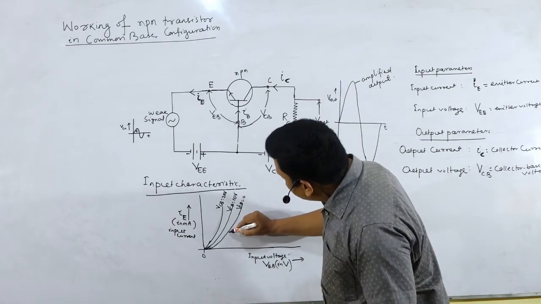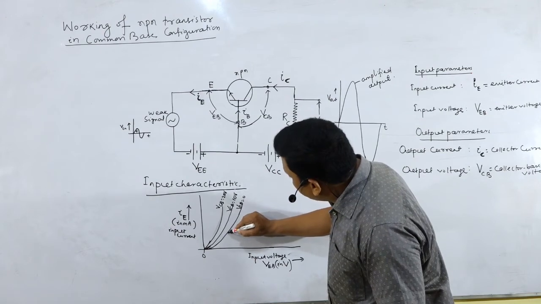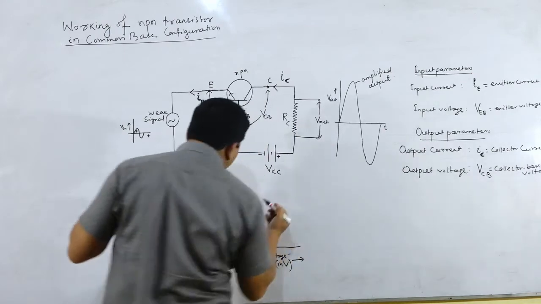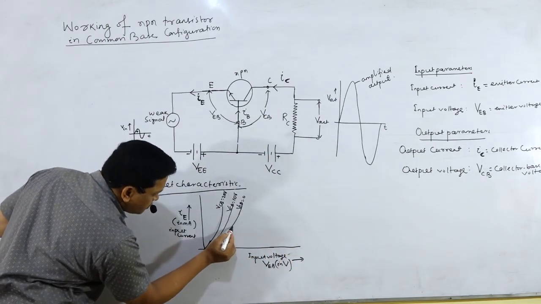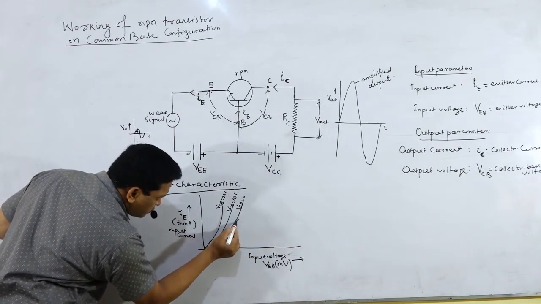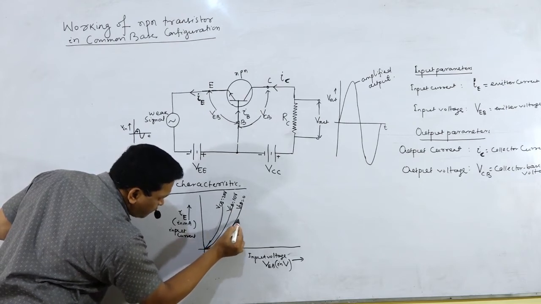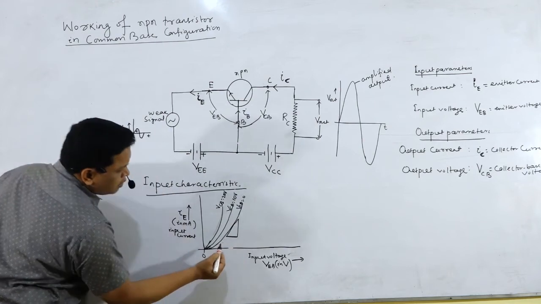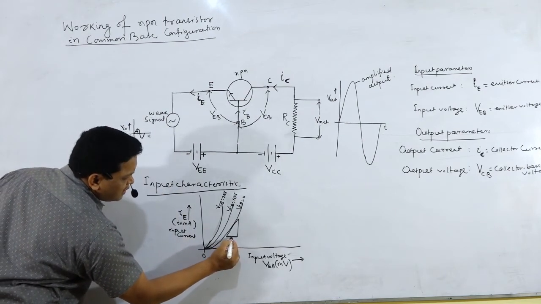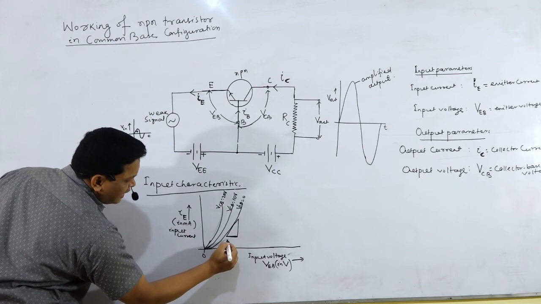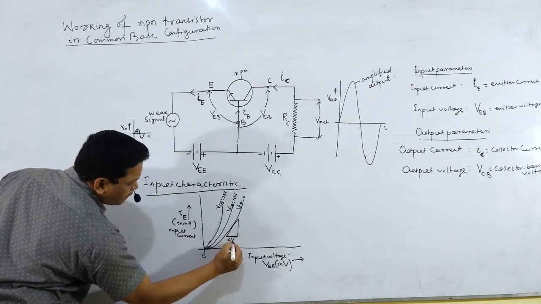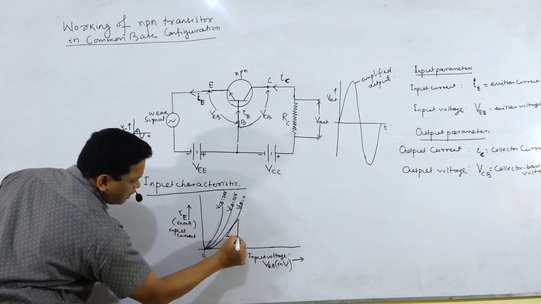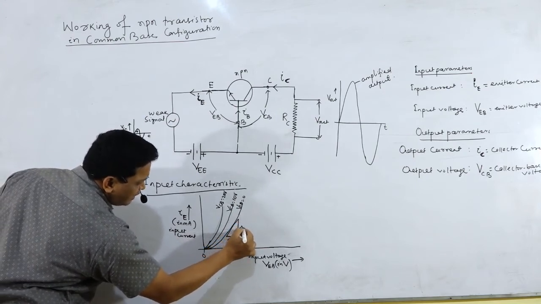What do you find? The slope. You can find out the slope by drawing the tangent. So let us find out the slope here. Draw a tangent here. This is the change in input voltage, that is delta VEB, and this is the change in input current, that is delta IE.